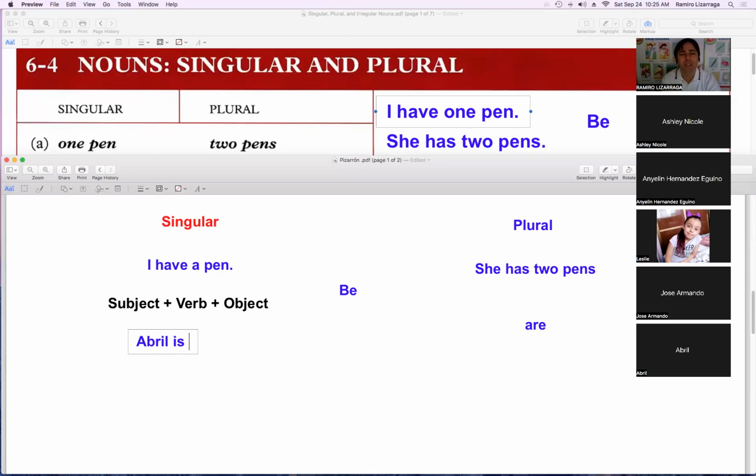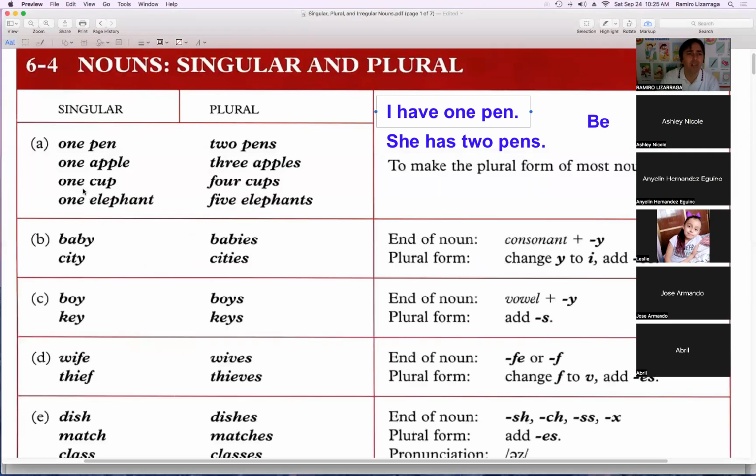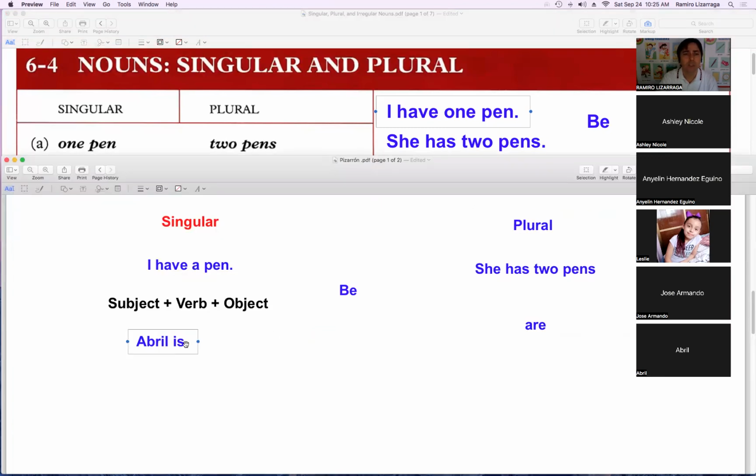I'm going to use the object pen, or I could use another object. We have cup, apple. So what is Abril doing? Abril is what? Buying. Buying what? Abril is buying a pen.